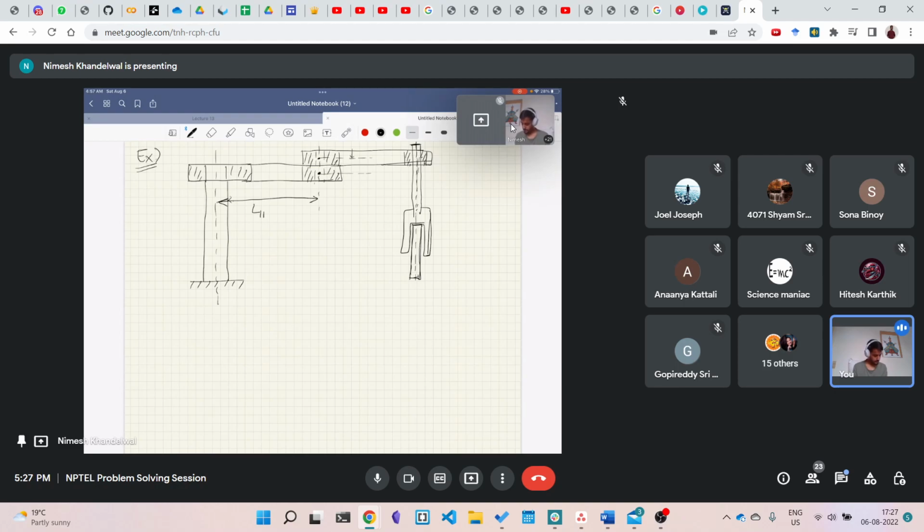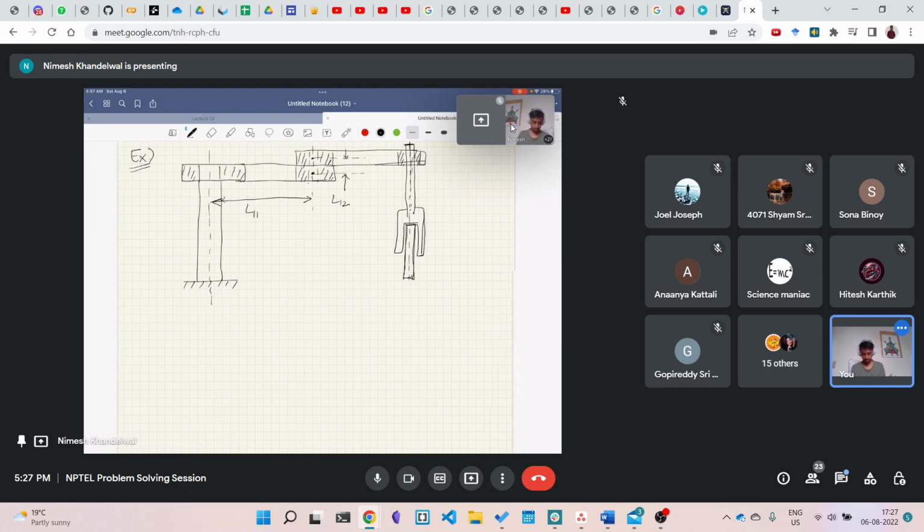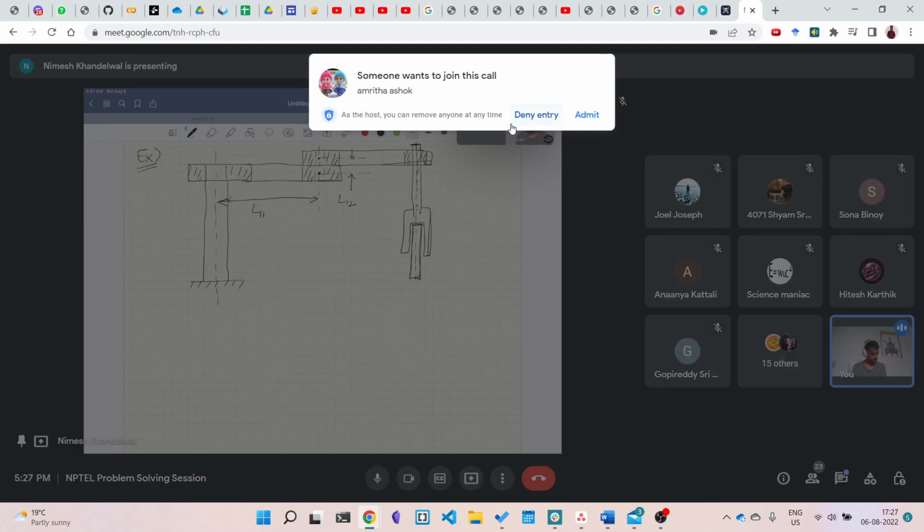And this distance here is what we call L12. Then this center to center distance, I am writing it here because I do not have any space left up there, is L2. From here to here, let us say this is D3.